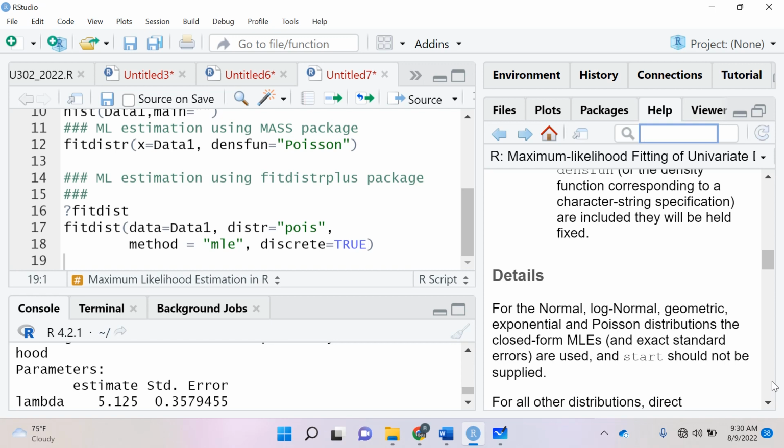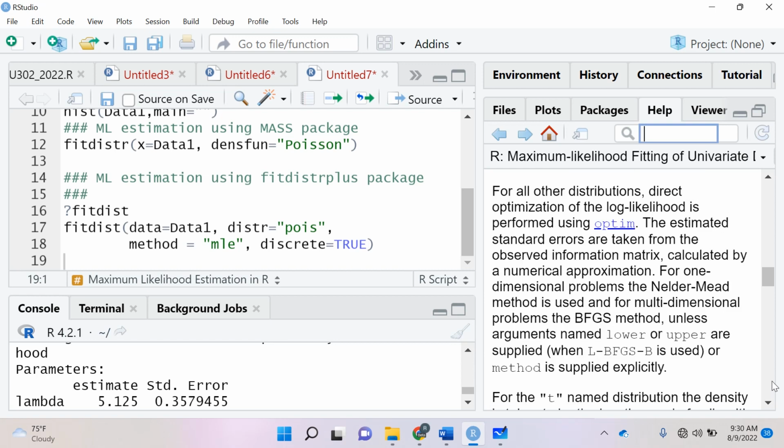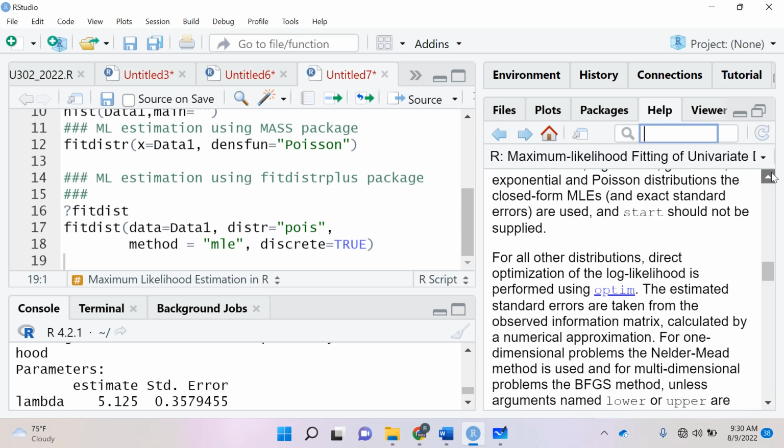So I'll explain it when we do our own. When we call these functions, it actually performs the distribution fitting by optimization. So it calls a function like this, which I will use later for us to be able to do our own maximum likelihood.